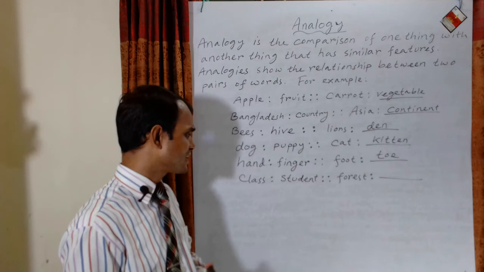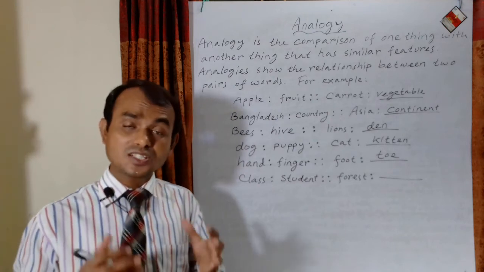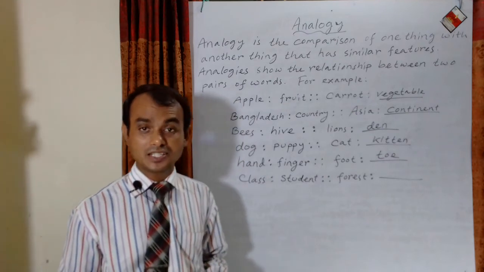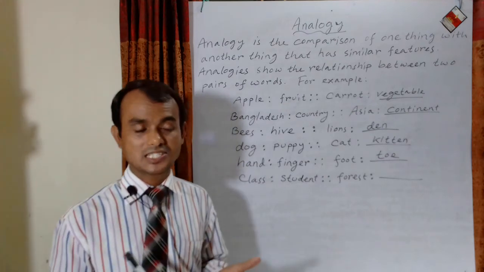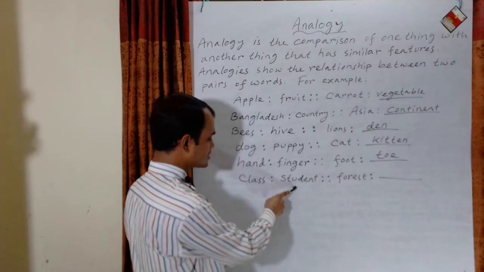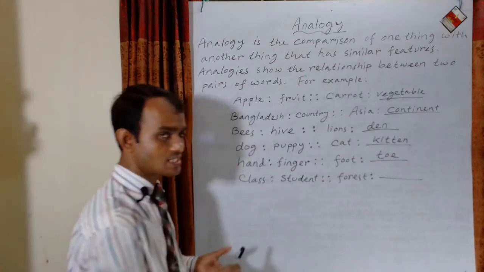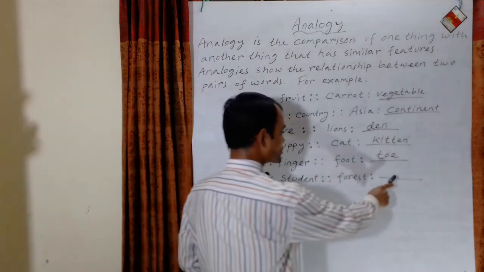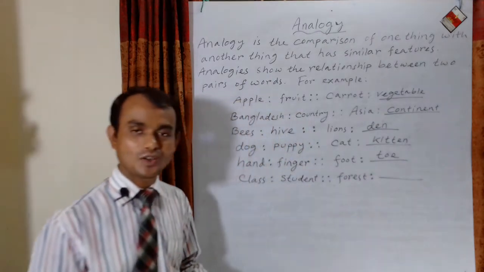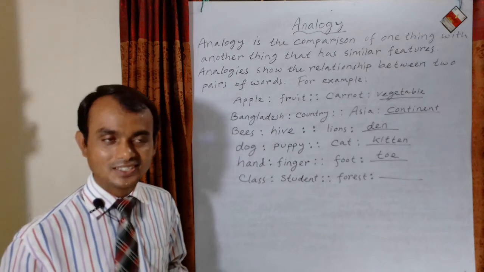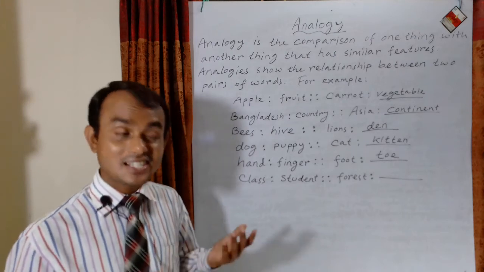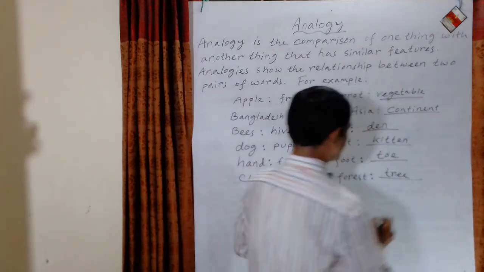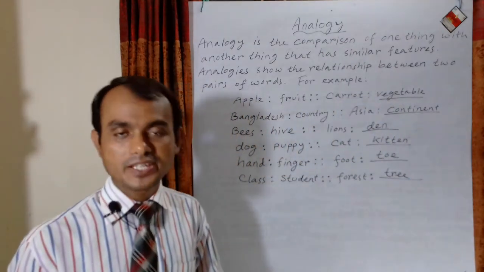Find out the relationship between class and student. Student should be in the class. What should be in the forest? Tree. Tree should be in the forest. That is the completed analogy.